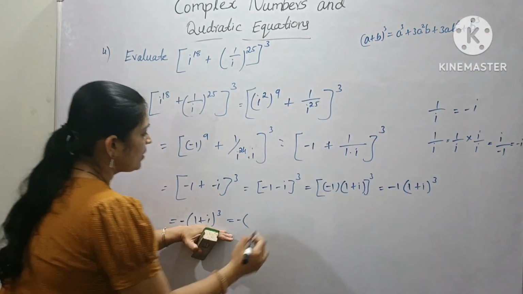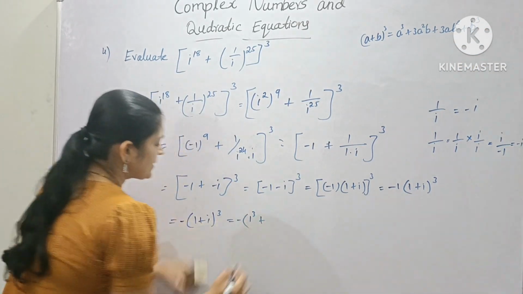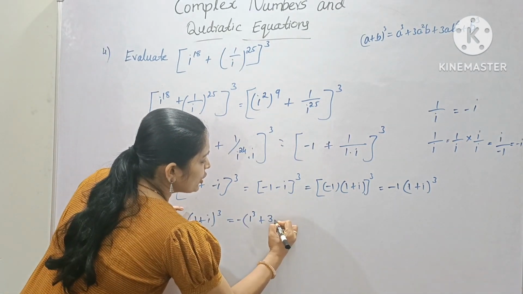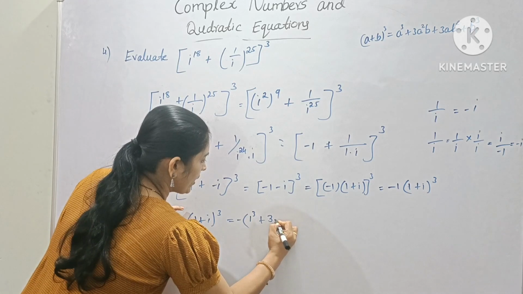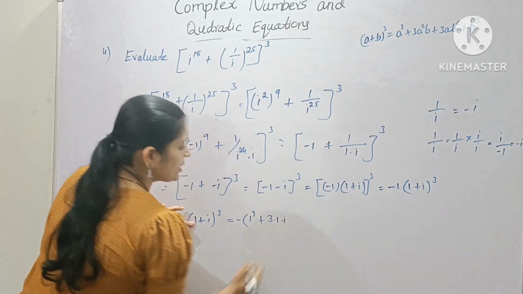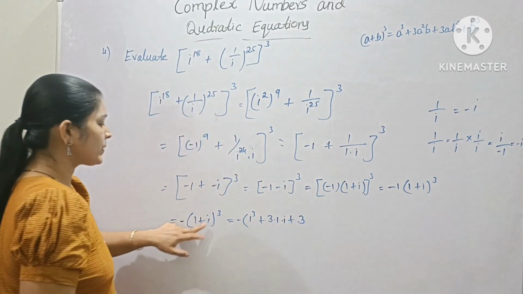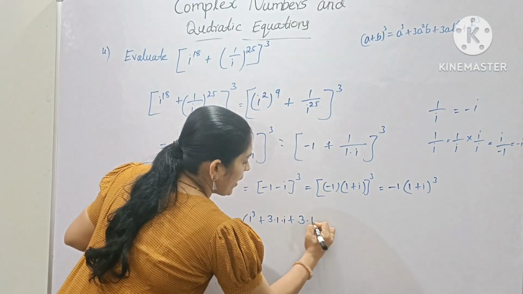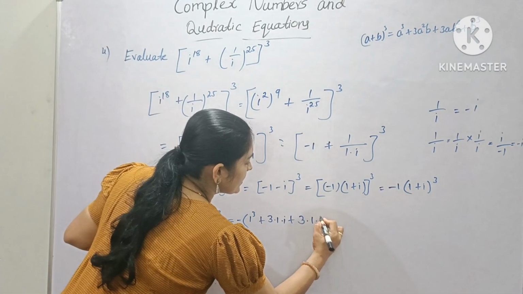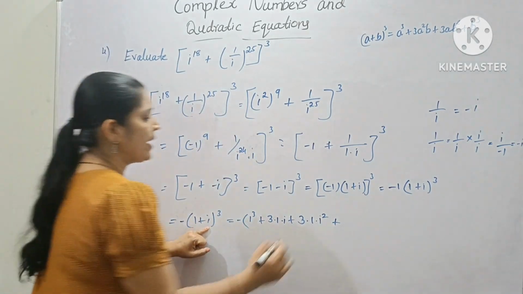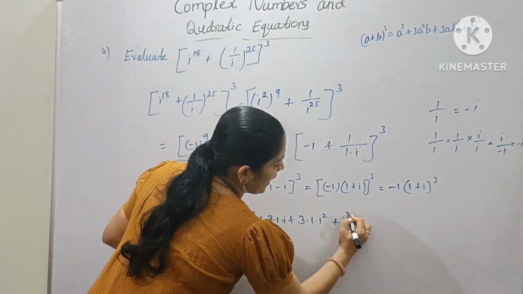So here, 1³ + 3 into 1 square, that is 1, into b, sorry, i, plus 3 into a, that is 1, into i square, plus the last term is b cube, that is i cube.